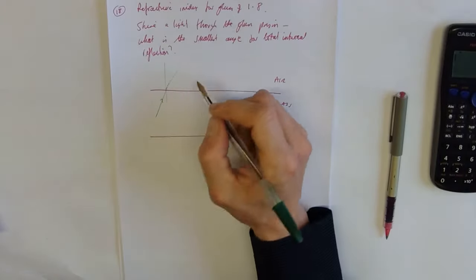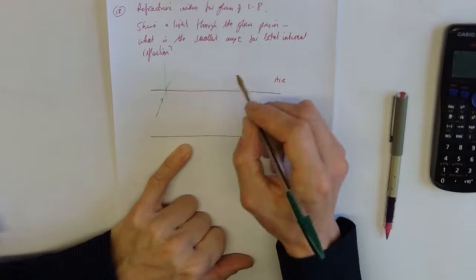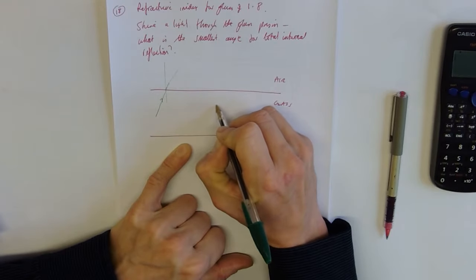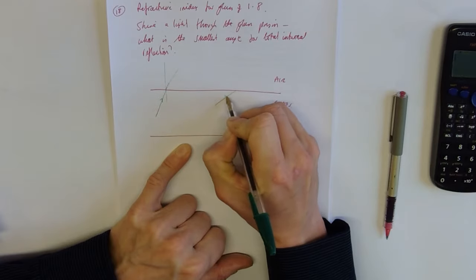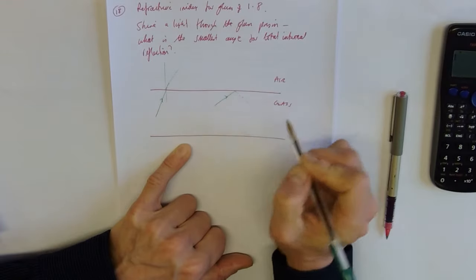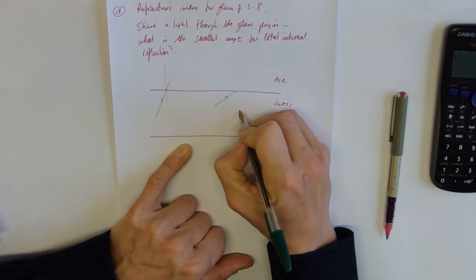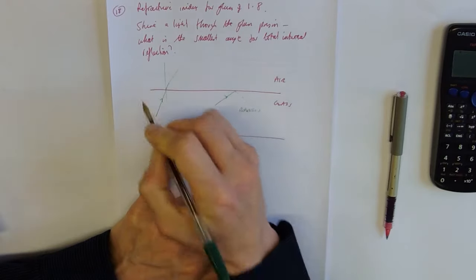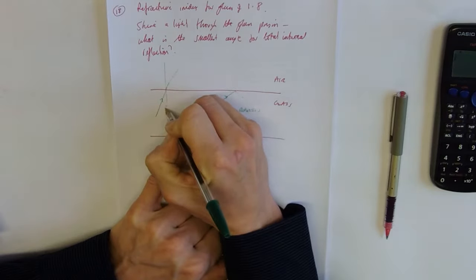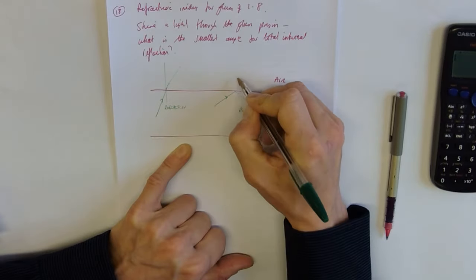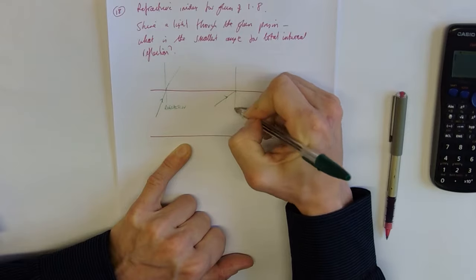So that angle there, we're thinking about refraction. There could be a situation where if we shine a light at this sort of angle, quite shallow angle, then we're going to get reflection. That's just refraction. And there's our normal.